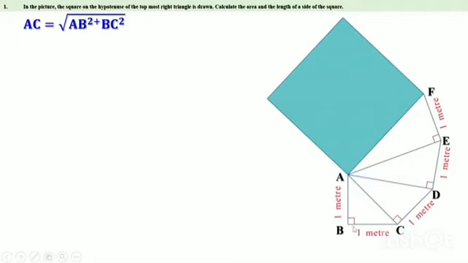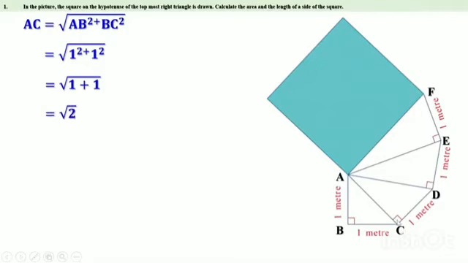AB is 1 meter, BC is also equal to 1 meter. Therefore, this can be written as root of 1 square plus 1 square. 1 square is 1. Therefore, this is root of 1 plus 1, and 1 plus 1 is 2. Therefore, AC equal to root of 2.